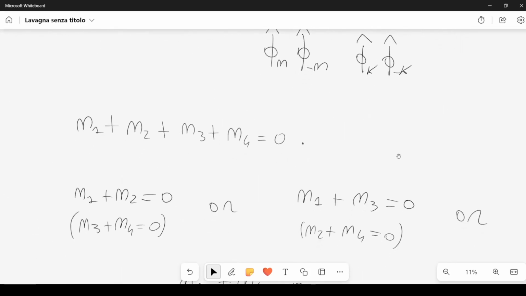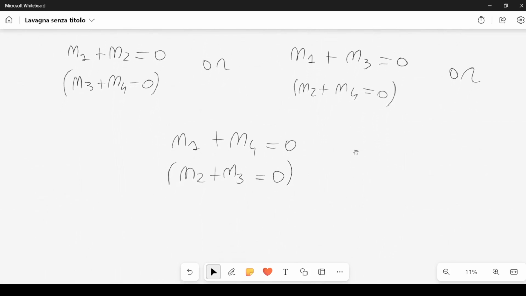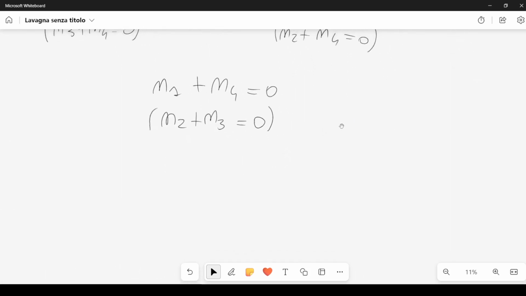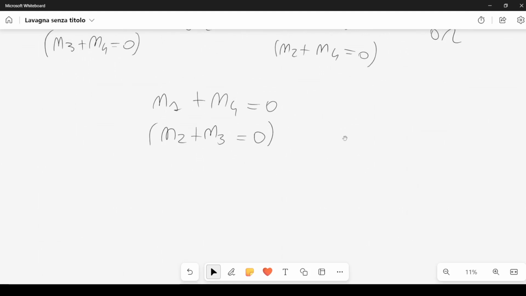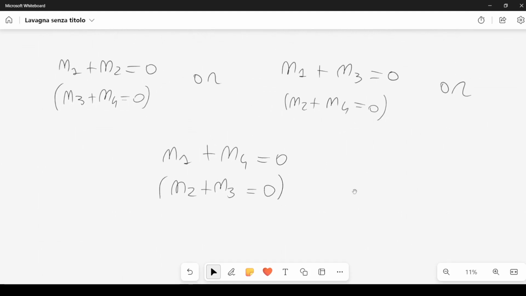This is quite subtle, but let me explain it. Consider, for example, the following 4 indices: n1 equal to, let's say, 1, n2 equal to minus 1, n3 equal to minus 1, and n4 equal to 1.